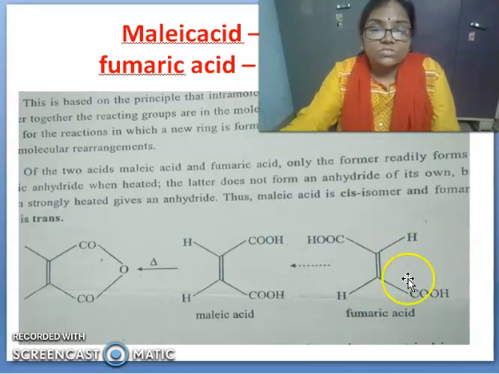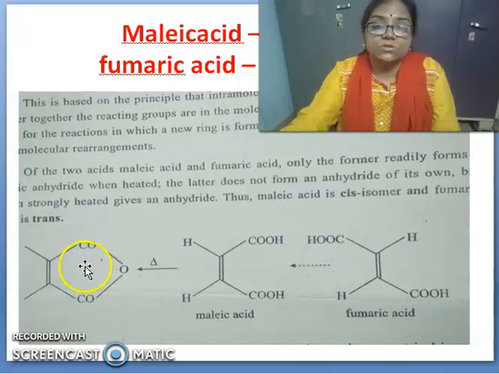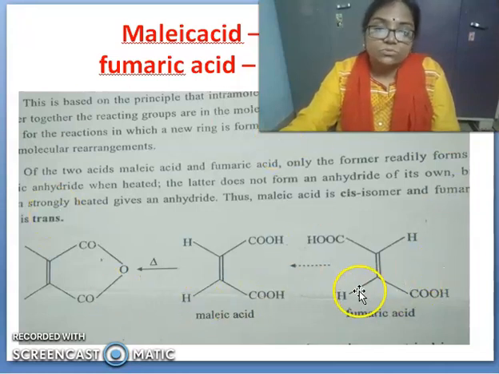The one which easily forms the cyclic anhydride is the cis isomer. The other one, which does not form the anhydride, is called the trans isomer. This is how we differentiate maleic acid from fumaric acid, that is, the cis isomer from the trans isomer.